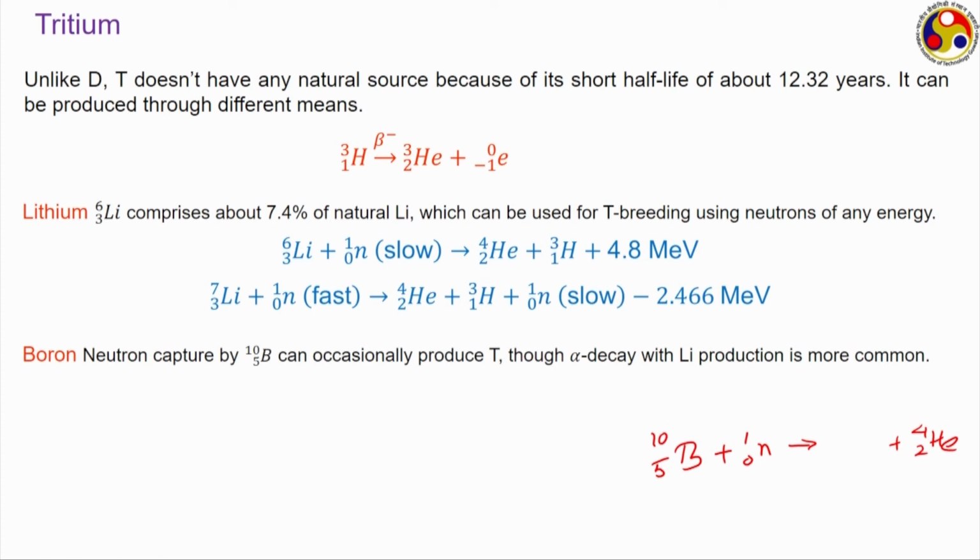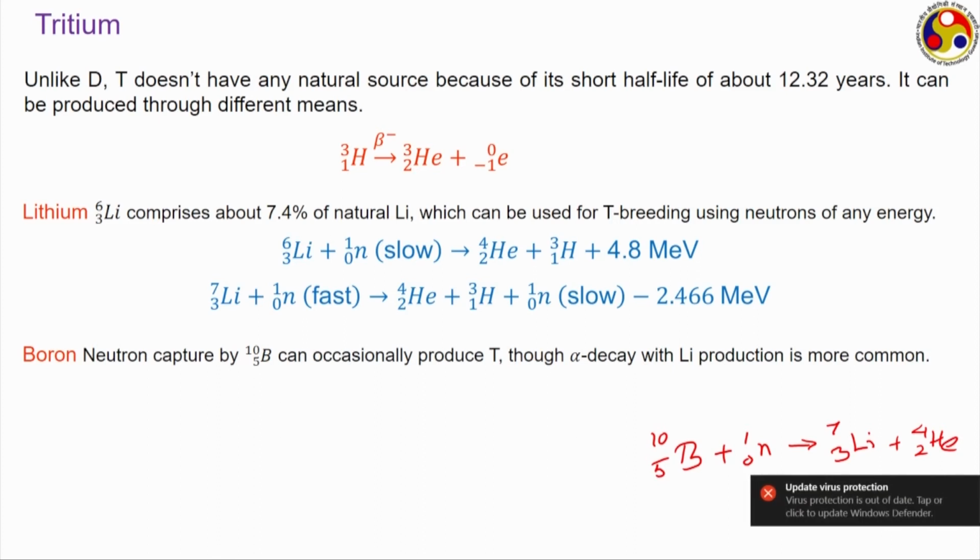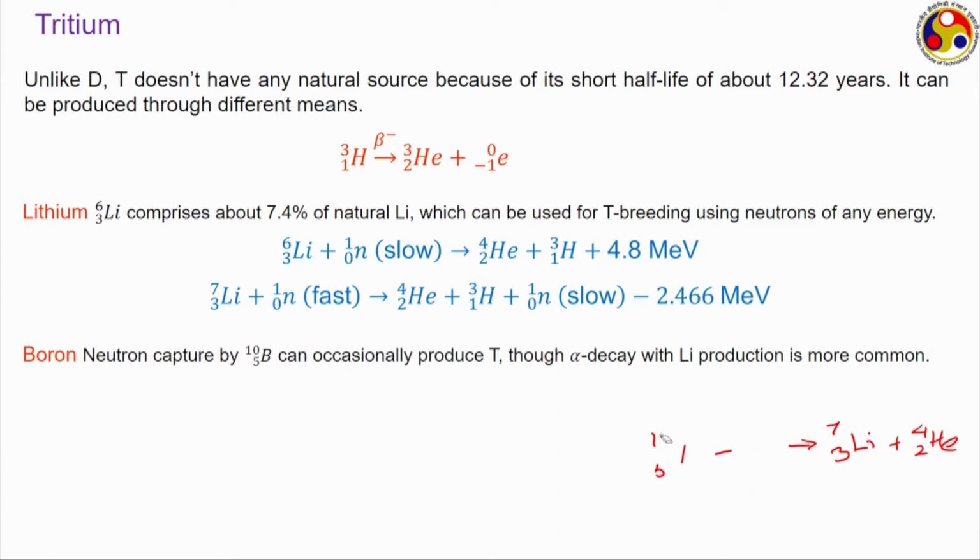Whenever we are having an alpha decay, the result should be a reduction of 2 in the atomic number. So, atomic number goes down to 3, which corresponds to lithium, and what should be the mass number? Helium is having a mass number of 4, so this one should be equal to 7, that is a natural isotope of lithium. This is the most common reaction that we generally get when a boron 10 captures a neutron.